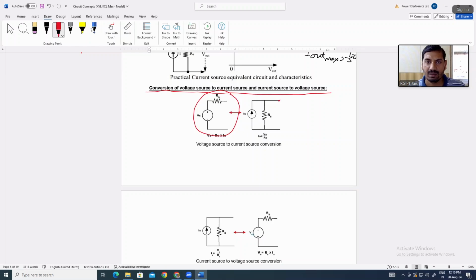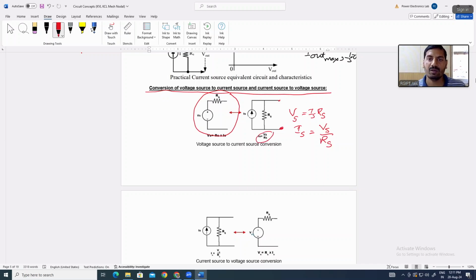You can calculate the voltage across these two terminals: the voltage Vs will be equal to Is into Rs. Or in other words, the source current value Is will be equal to Vs upon Rs, which is written here.